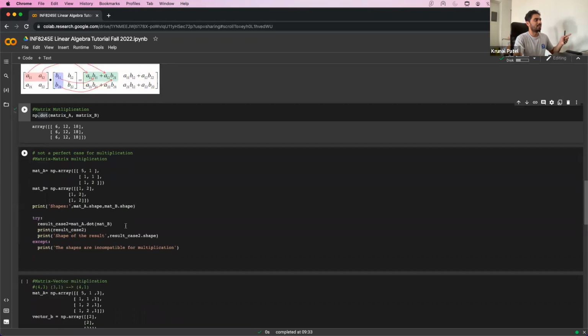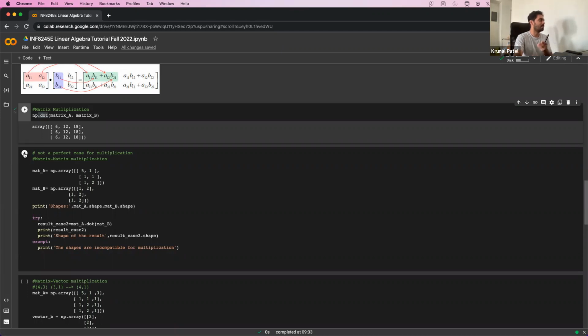So sometimes you know that for matrix multiplication, certain shape requirements are necessary. The second dimension of the first matrix should match the first dimension of the second matrix that we are trying to multiply. And if that is not happening, then we will get an error, right?